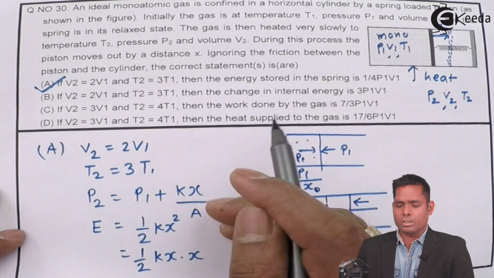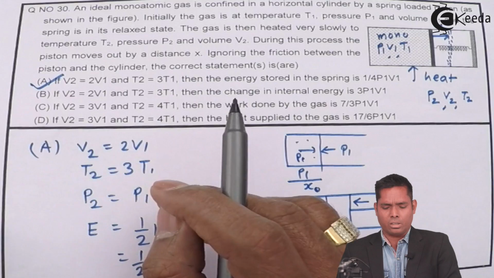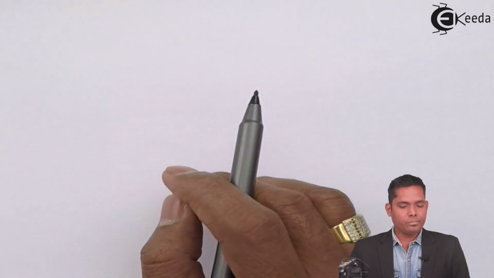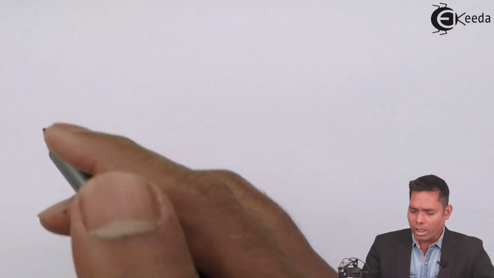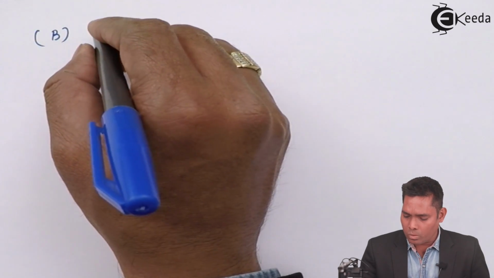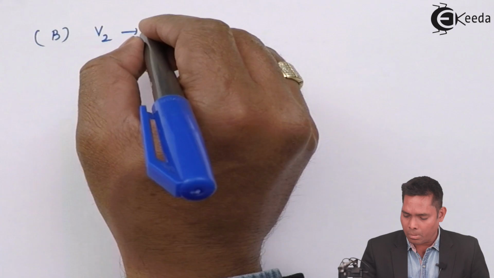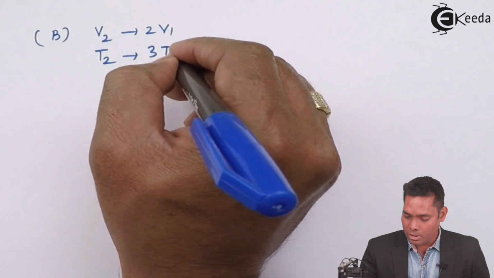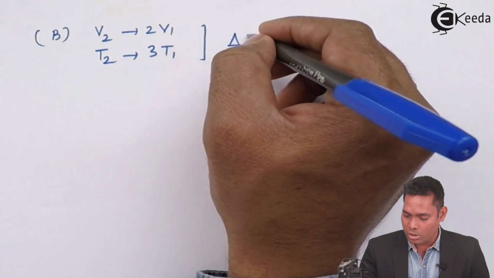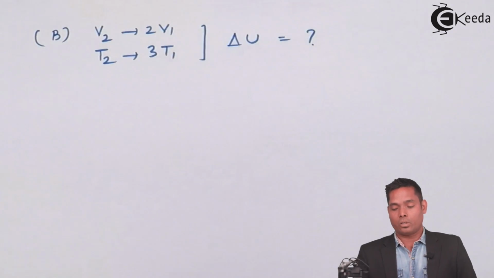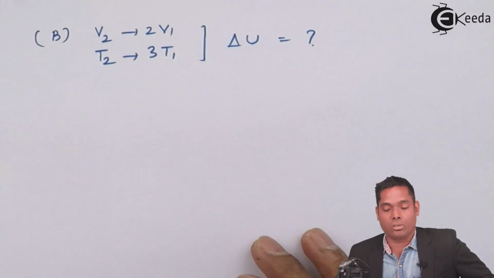So I have to see the change in internal energy of the system in the case of B. Option B talks about the volume being double and the temperature 3 times, the same condition, and you have to find the change in internal energy and match it. So first of all, we'll find the change in internal energy.